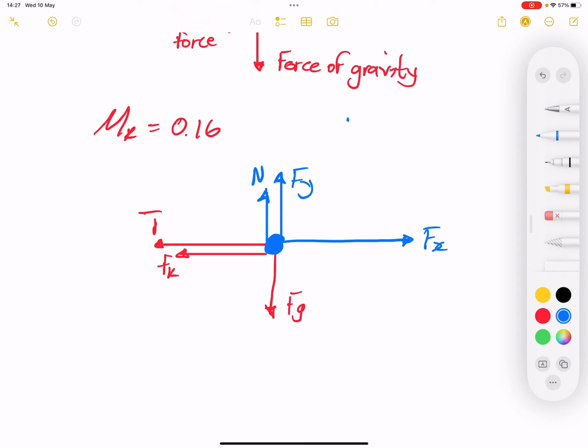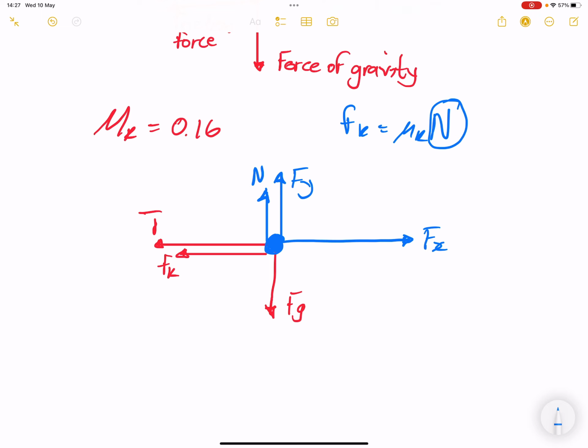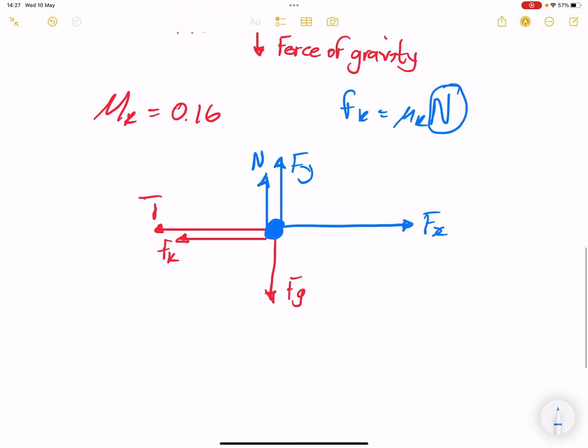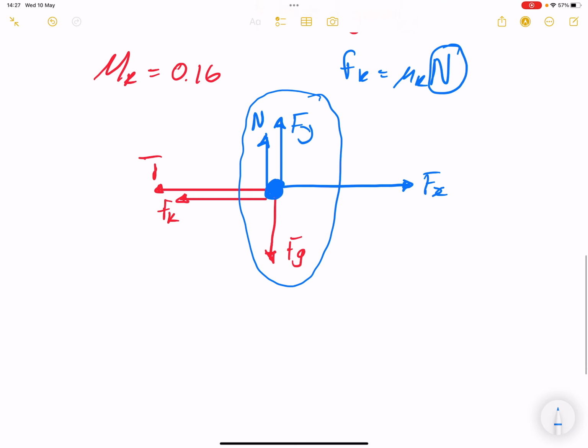In order for us to calculate friction, we say it's the coefficient multiplied by the normal force. So we need to find out what the normal force is. So in this case, we look at forces that are vertical. Why are we looking at vertical forces? Because the normal force is a vertical force. So the sum of my vertical forces in this case would be equal to 0.